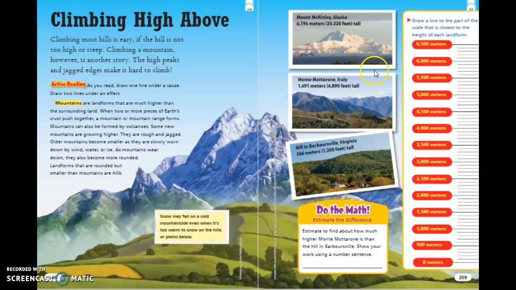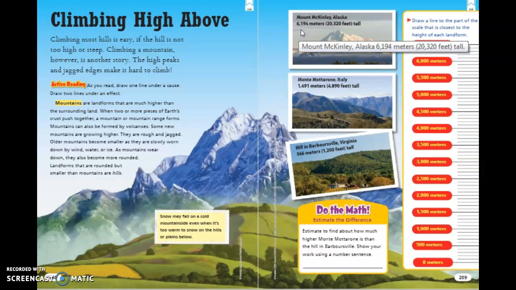Now we're going to go back and do the activity. I want you to look at the scale on the right-hand side. It says, draw a line to the part of the scale that is closest to the height of each landform. So let's look at the first picture of Mount McKinley. Mount McKinley in Alaska is 6,194 meters.